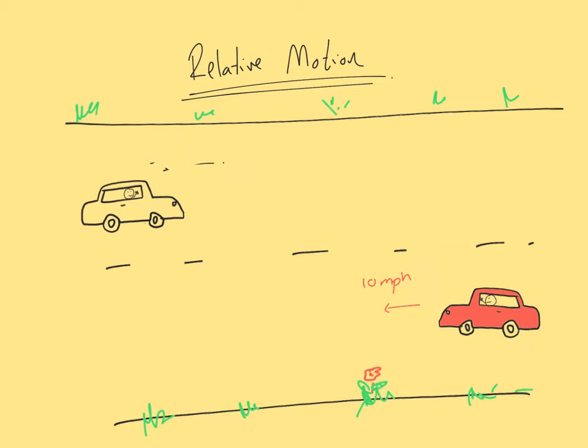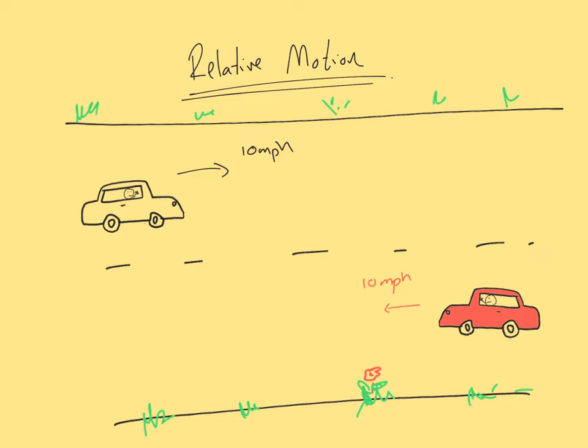If we were to change this and have this one moving as well, let's say that one's moving 10 miles an hour that way. So the white car is going towards the red car at 10 miles an hour, and the red car is coming towards the white car at 10 miles an hour. Then, as far as the white car looking at the red car is concerned, it's going to get closer twice as fast as before, because whereas before the white car wasn't moving and the red car was just moving towards it, now they're both moving towards each other.